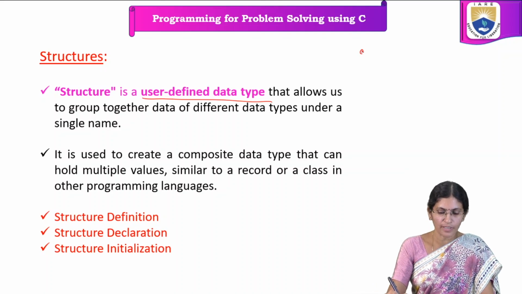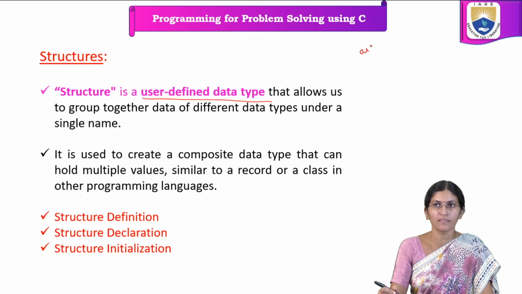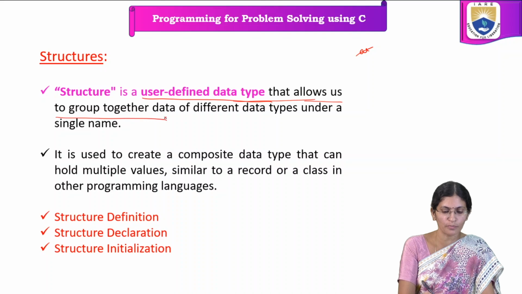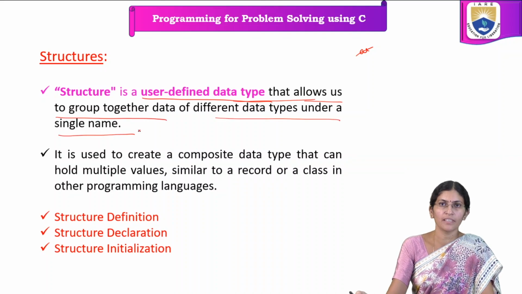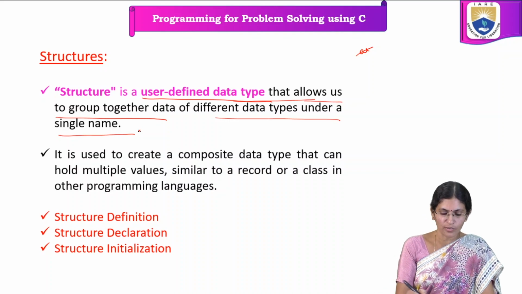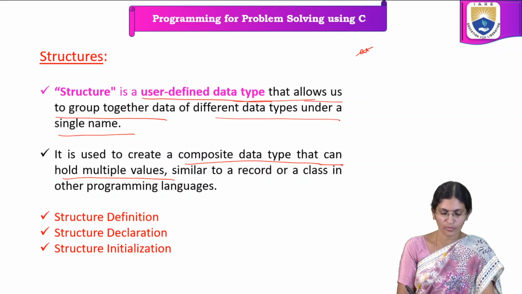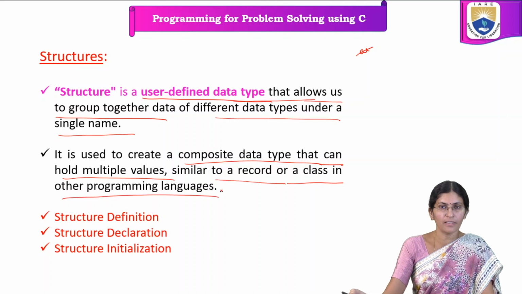Coming to arrays, arrays are a derived data type, whereas structure is a user defined data type which allows us to group together data of different data types under the same, single name. It is used to create a composite data type which can hold multiple values similar to a record. So we can say that it is a record or a class in other programming languages.